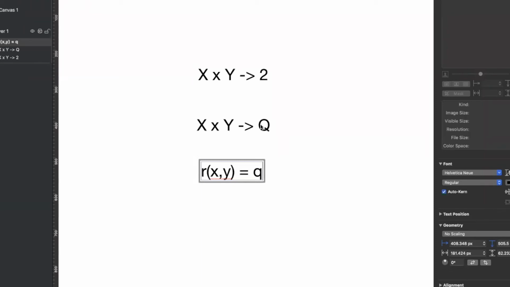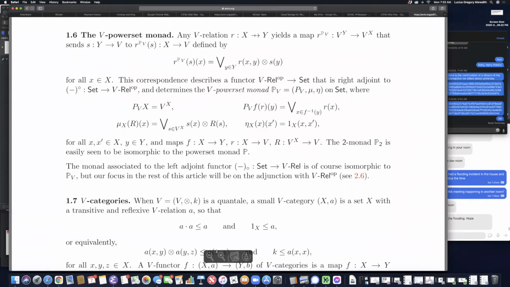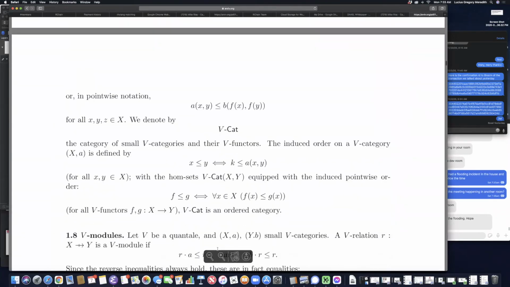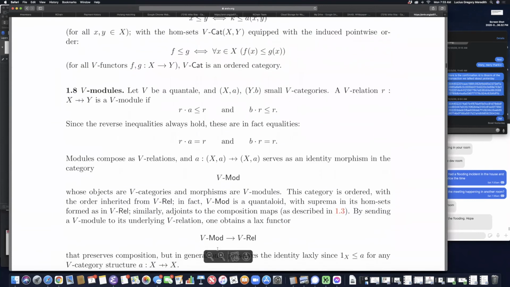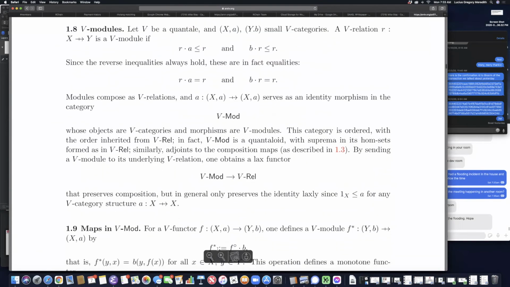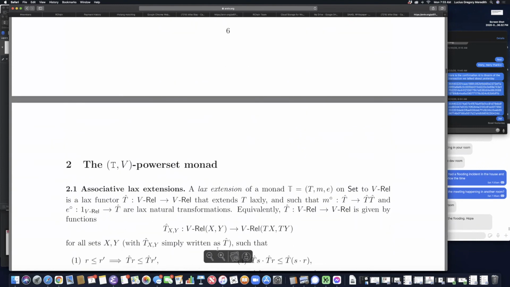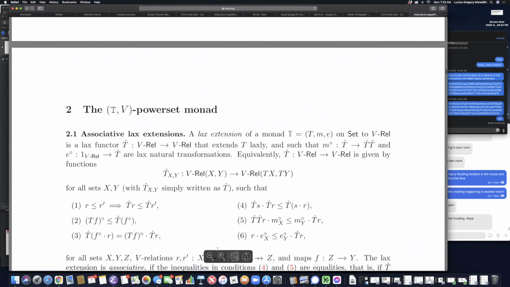And so to make sense of that, the approach that I'm investigating with Mike right now comes from here. And this is where the lax extensions are important. So let me see if I can find it. It's right here.